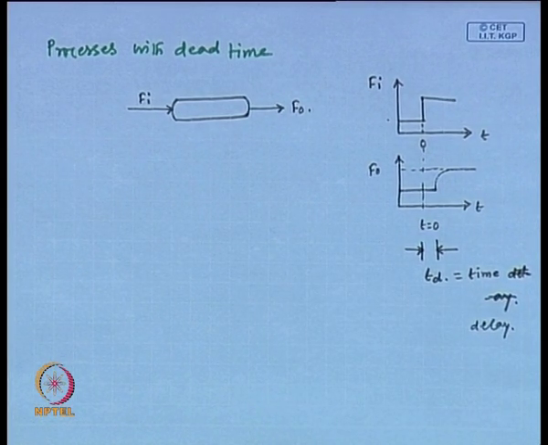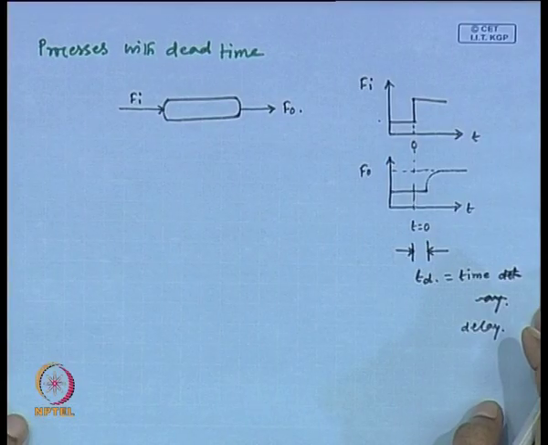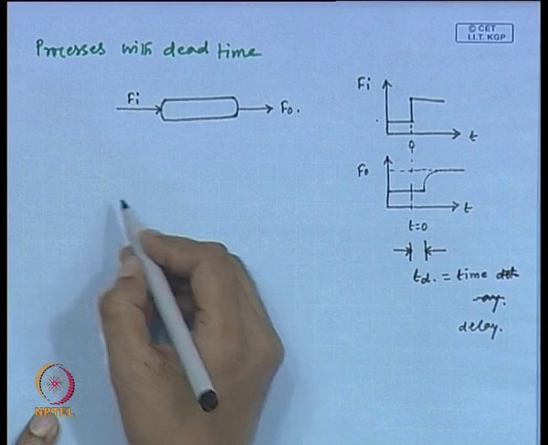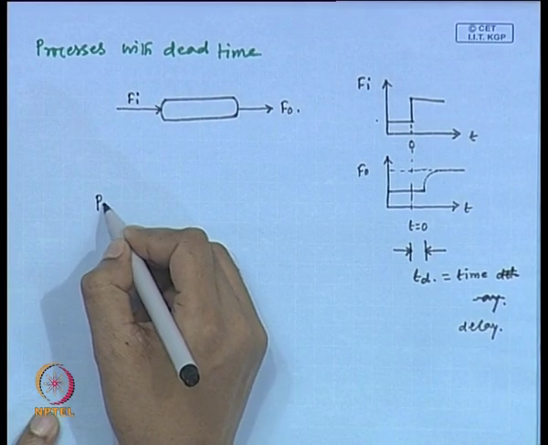Fine. So if we introduce a step change in Fi at time t equals 0, at that time instant we do not get any change in F naught. F naught changes after a time interval represented by t suffix d, that is the time delay. Now we will represent the time delay writing the number of blocks, like we can consider one block for a process.